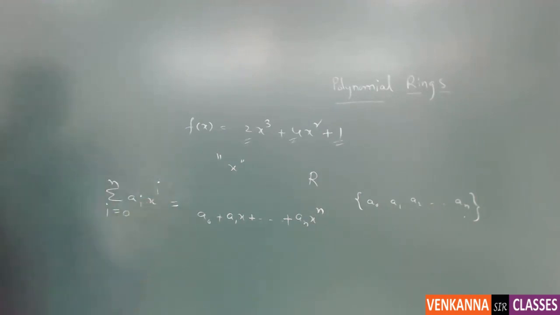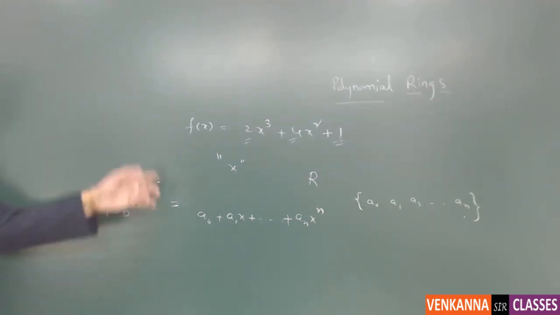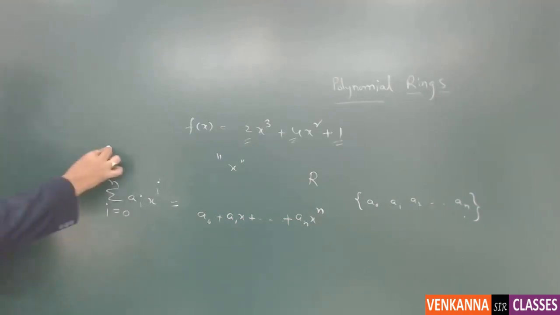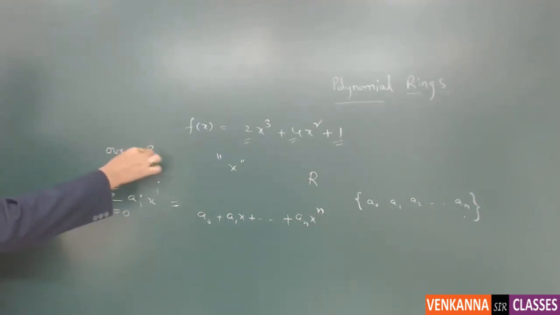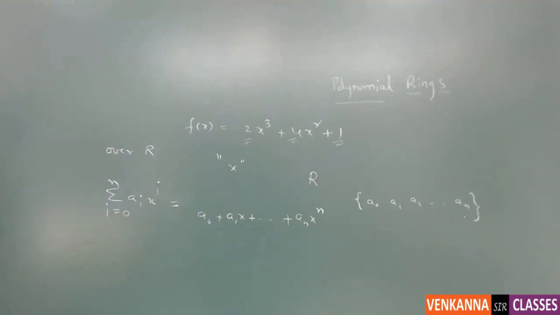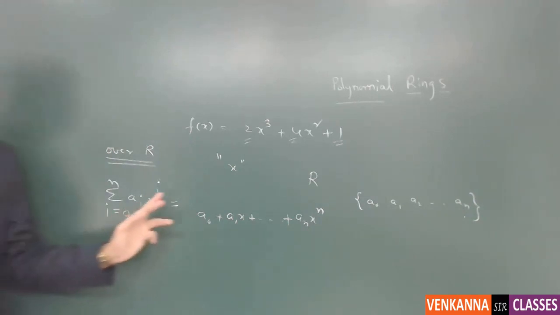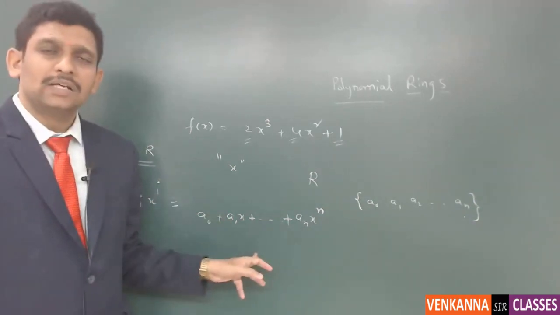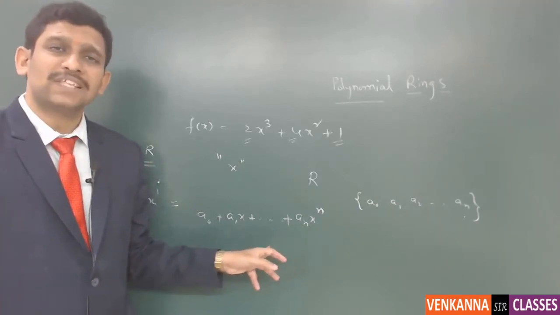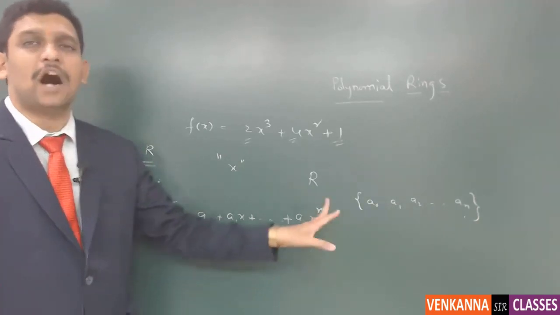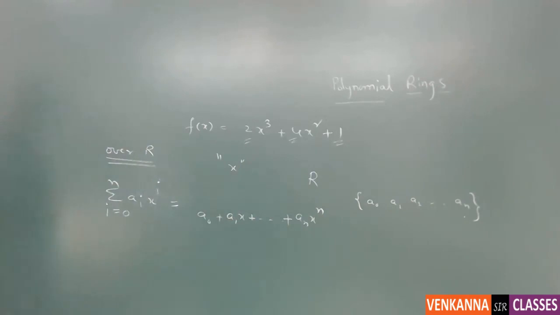This we call a polynomial over R. Whenever we mention the words over R, it means that whenever you consider a polynomial, the coefficients are precisely taken in a ring R. That's it. Okay? Are you clear now?